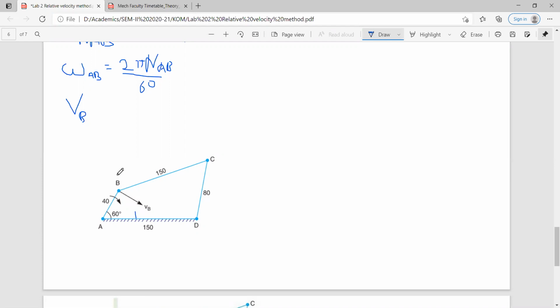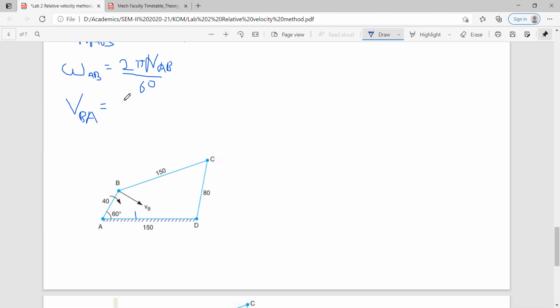Velocity of point B. Now, as it is a relative velocity method, you are finding the velocity of point B with respect to some point. That point is nothing but your point A. Okay. Velocity of B with respect to A.